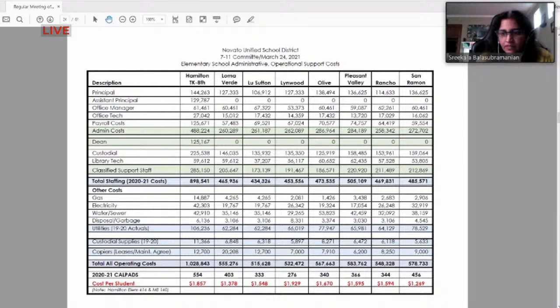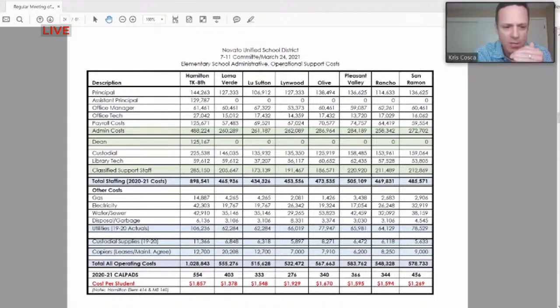So can you throw some light on why it is so, and especially Hamilton has the highest electricity charge. Laura, do you have any information about that?